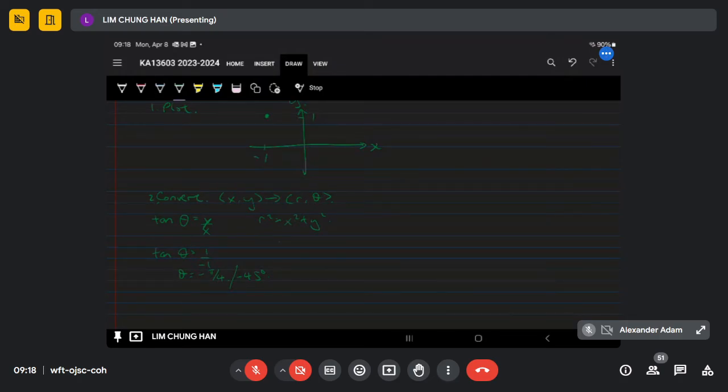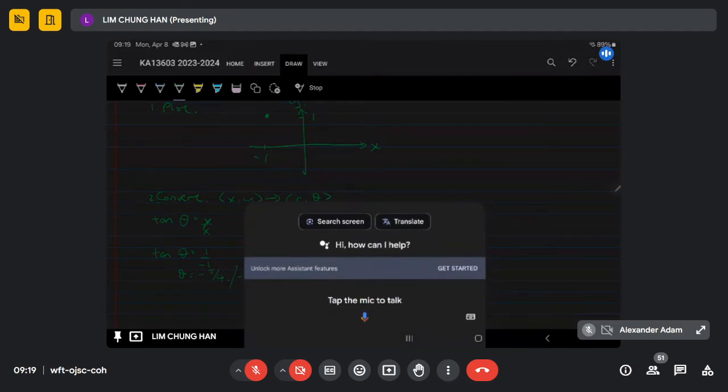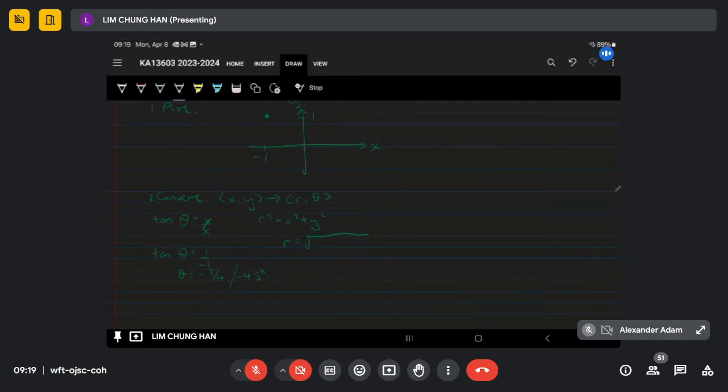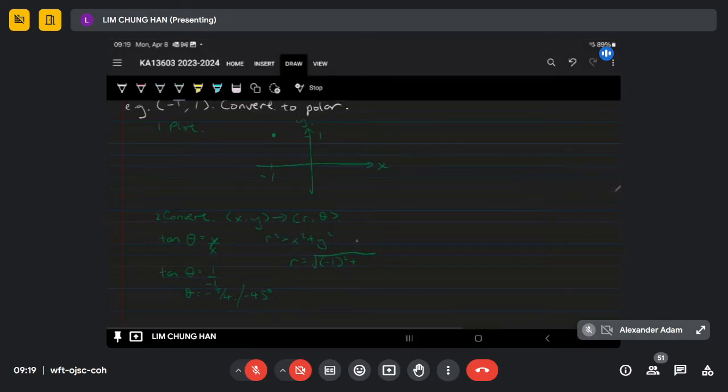And r? What is r? So r is the square root of -1 squared plus 1 squared.